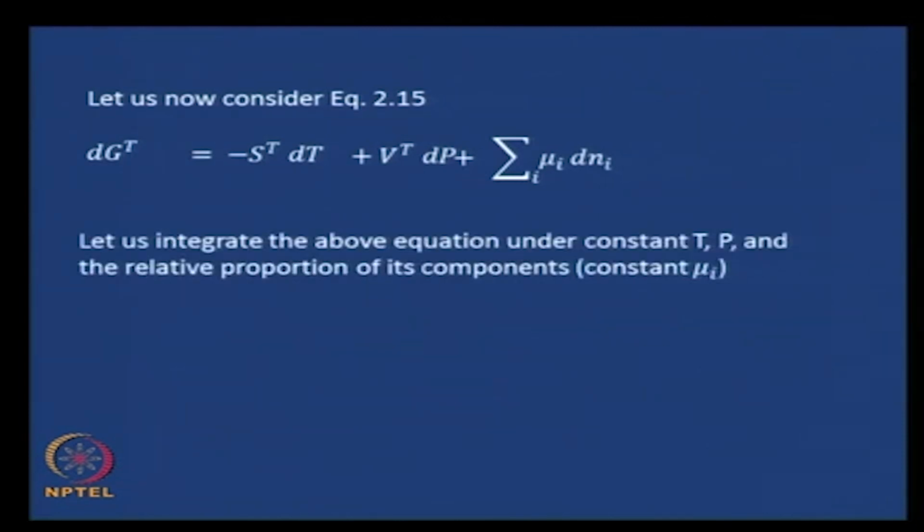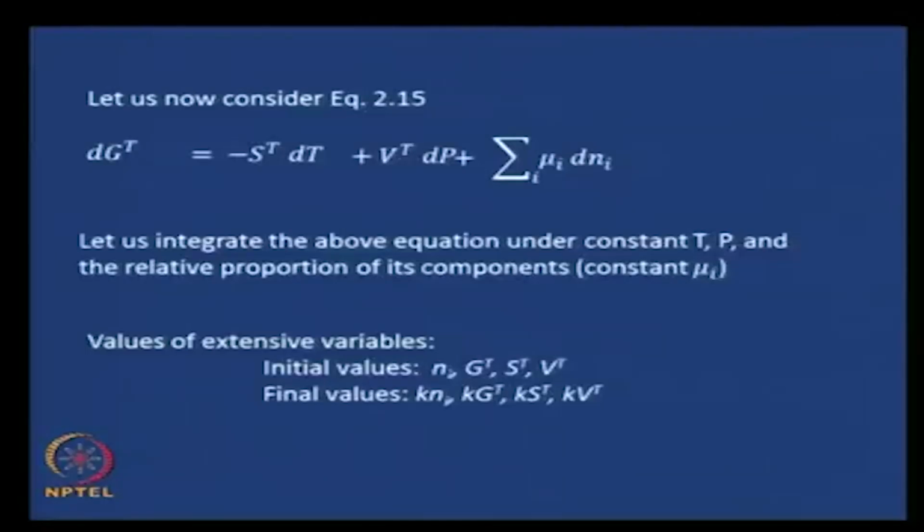Let us integrate this equation at constant T and constant P. If it is constant T, this term will completely vanish, and if it is constant P, this term will completely vanish. And also let us retain the relative proportions of the components in the system while we are integrating the equation, which means the mu_i's are also being held constant.